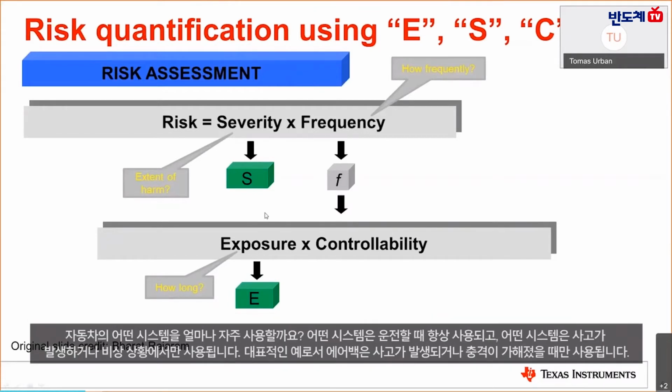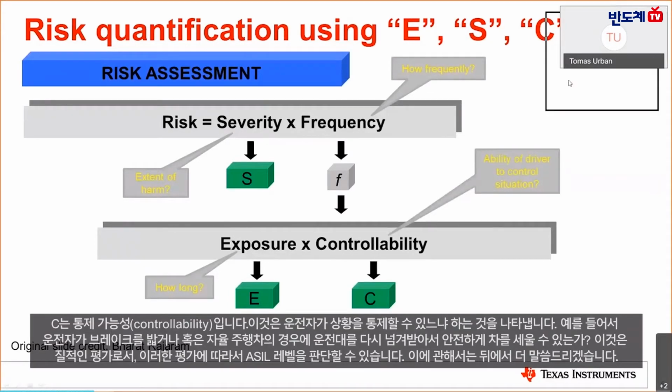Or how often we use this or that kind of system in the car. Some systems are used all the time while driving. Some are used just in case of some emergency, some accident. A good example is an airbag that is used basically only when an accident happens, or an impact actually, not every accident. And the controllability, that's the last letter.